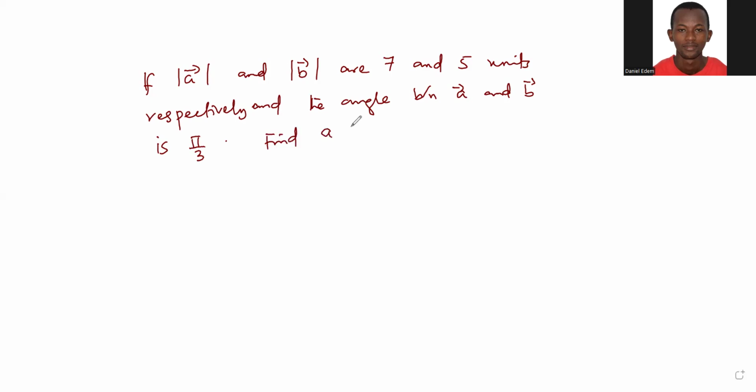Find the dot product of vector A and vector B.